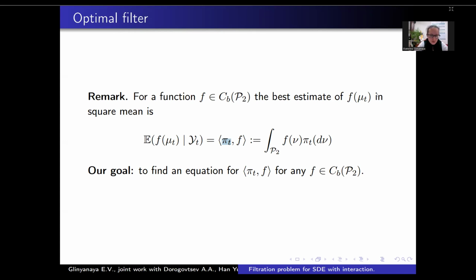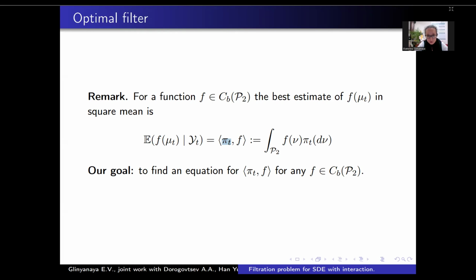That's why we understand this conditional expectation as an estimation of the signal process given the observable process y. The goal for us is to find the equation for this conditional expectation.